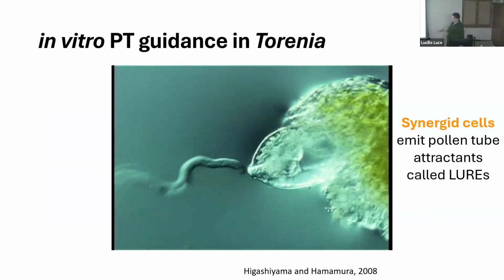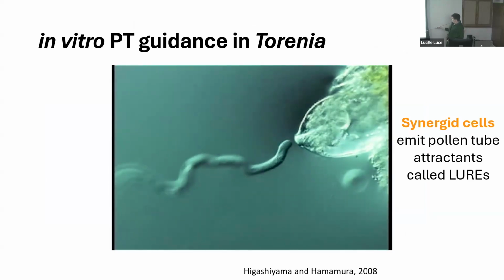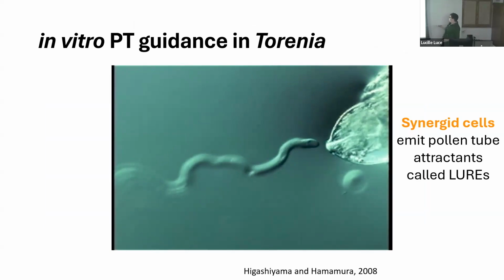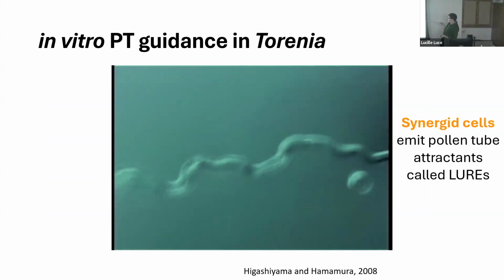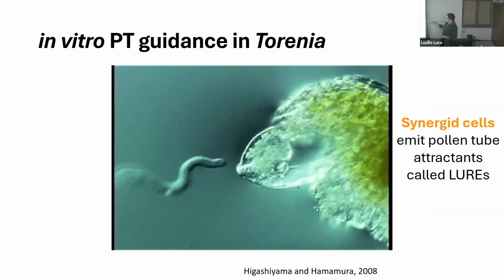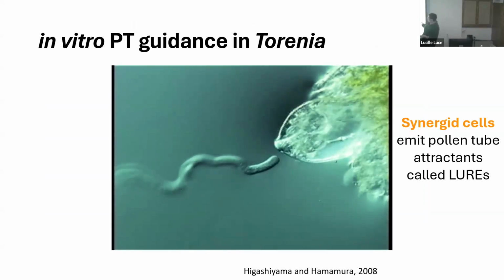We know that communication is very important from some studies that were done by Higashiyama and Hamamura back in 2008, where they took an ovule of Torenia and placed it on pollen tube growth media. They had a pistil over there and let pollen tubes come out.